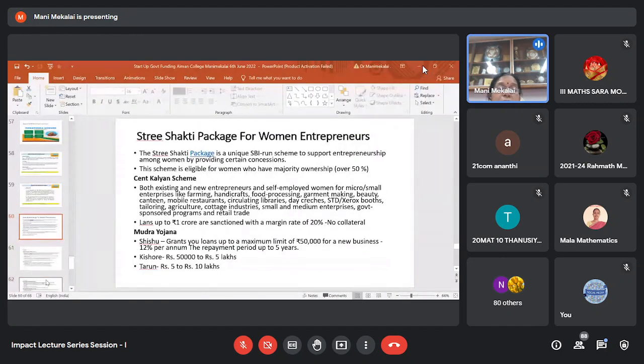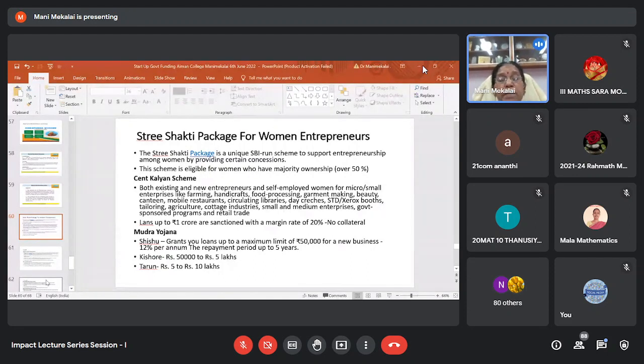The second scheme is the Sri Shakti package for women entrepreneurs, where the State Bank of India implements this program and extends support. There is another called the Sant Kalyan scheme, which is implemented by the Central Bank of India.